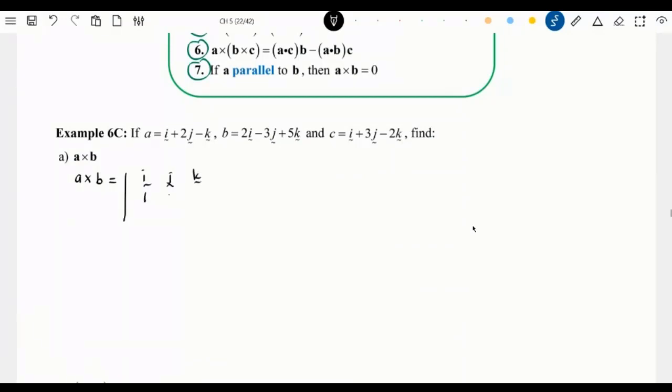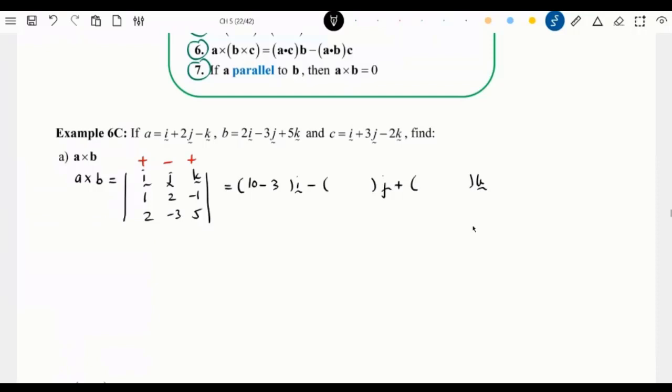So we have 1, 2, negative 1 and 2, negative 3, 5. Okay, so part I, what do we have? What minus what? 10 minus 3.